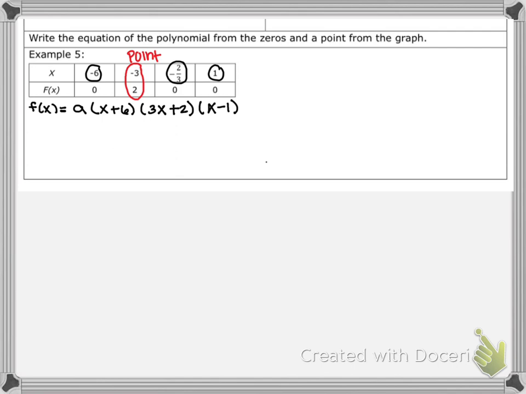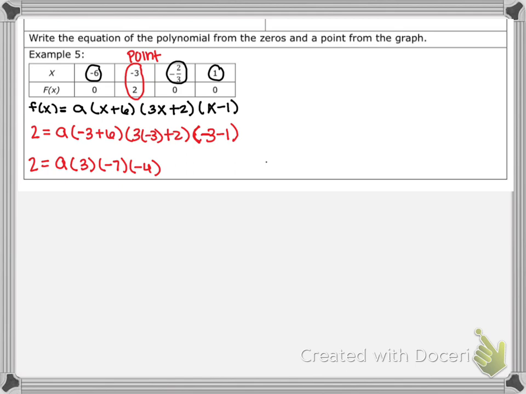So y is 2, so I have 2 equals a, parentheses, and then negative 3 plus 6. 3 times negative 3 plus 2. And then negative 3 minus 1. So when I do this, I get a times 3 times negative 7 times negative 4. And again, I can multiply those, and then that can become your coefficient of a.